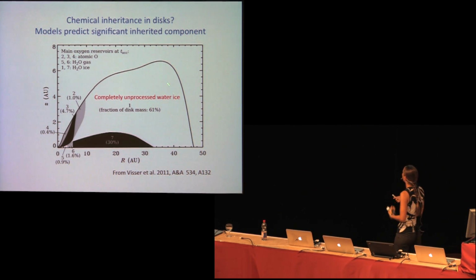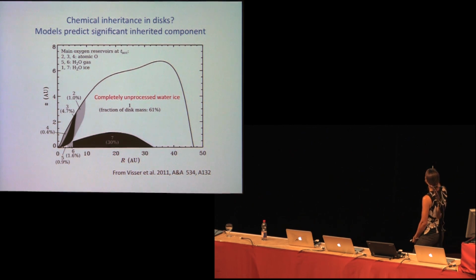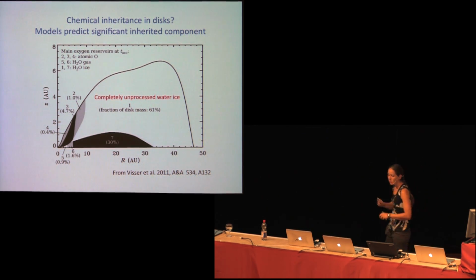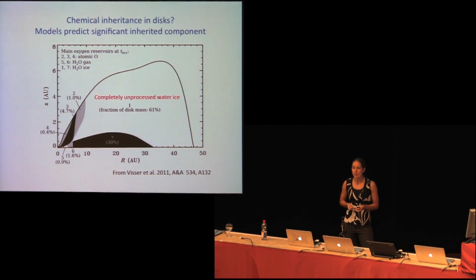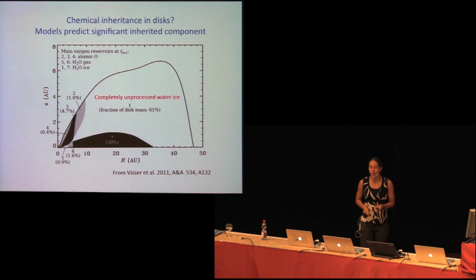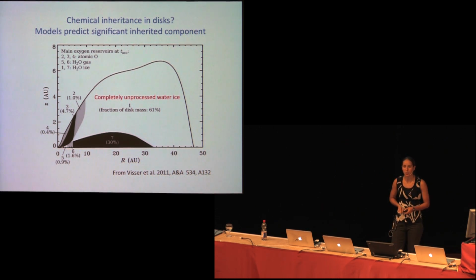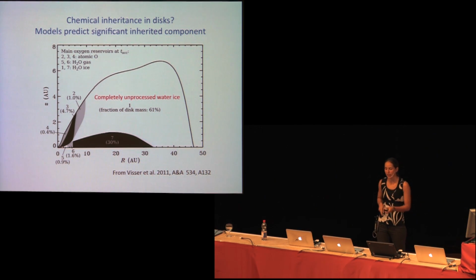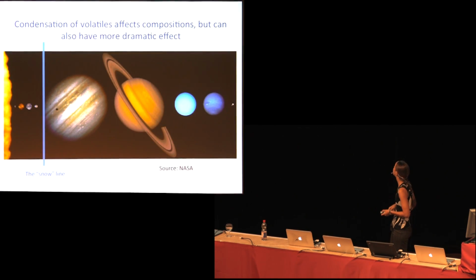And the takeaway from this plot is that this entire region of the disk, shown here in white, is a region of the disk where water ice comes into the disk and never even evaporates, so it's completely unprocessed. So the models seem to suggest that we need to have an inheritance component to the disk that may be significant. And this is something that I think we'll be seeing some investigation of with ALMA.